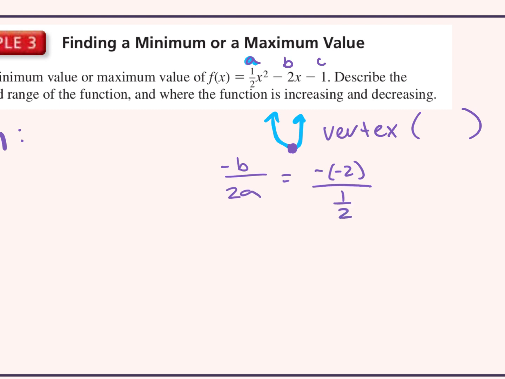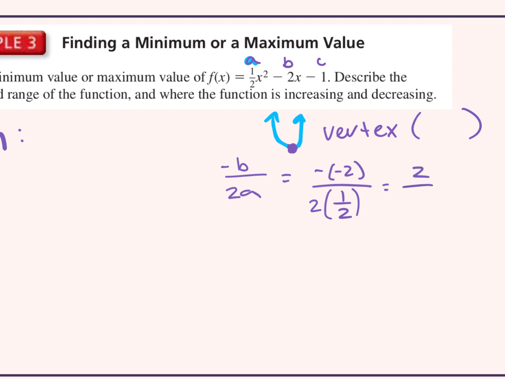Oh no, what do I do when I have a fraction and a fraction? Keep, change, flip. Keep the top. I'm going to simplify the top to be positive 2. But just multiply the 1/2 by 2. Oh yeah, 2 times a. You're right, so we don't even need that. What's 2 times 1/2? 1.